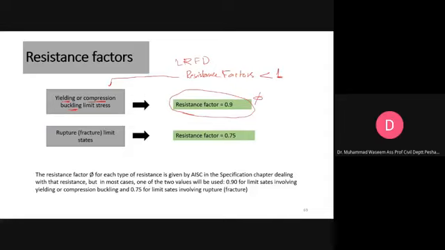And for the rupture case, you reduce your strength by 25%. Rupture or fracture is a brittle failure, while yielding and buckling are somewhat ductile failures. So we do not reduce our material strength by that much for those, but for rupture we want to be on the safer side, so we reduce it by more than for yielding, compression, and buckling limit states.